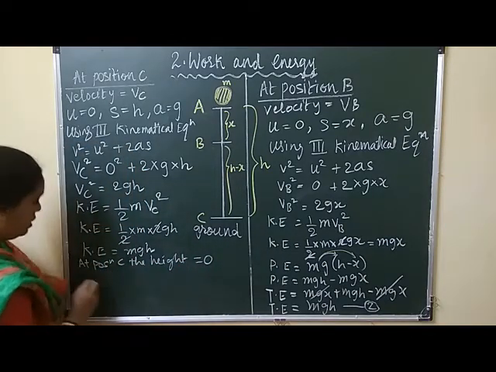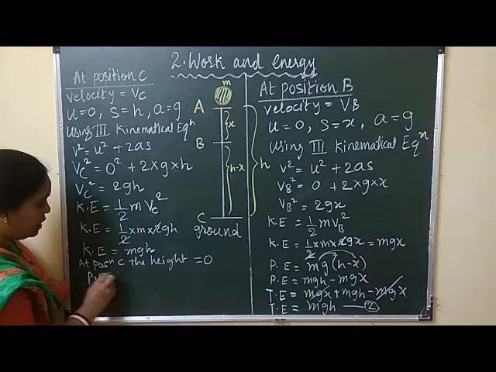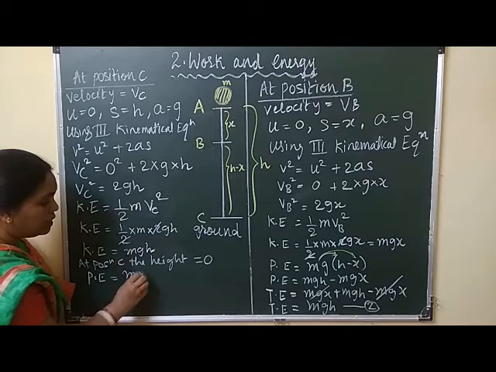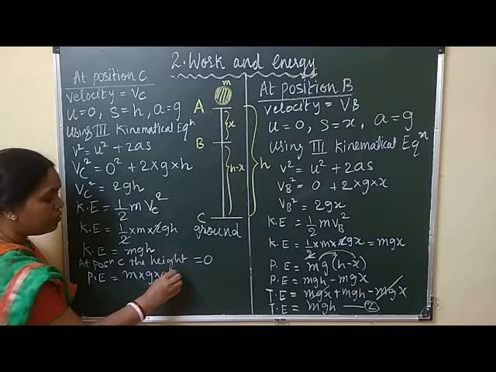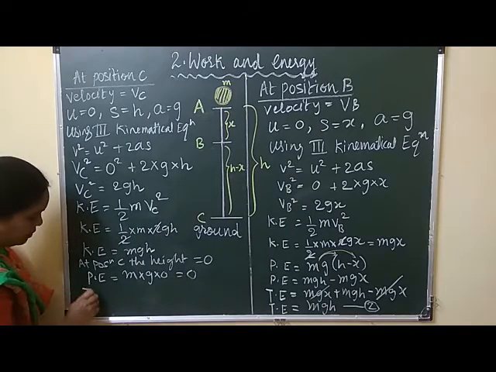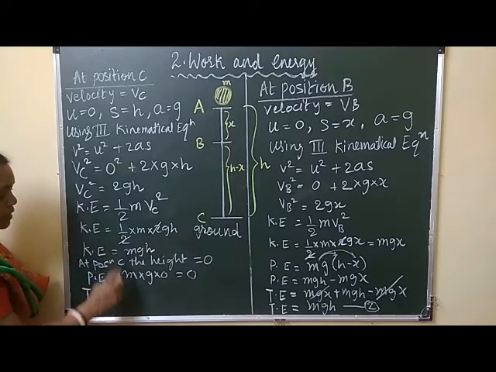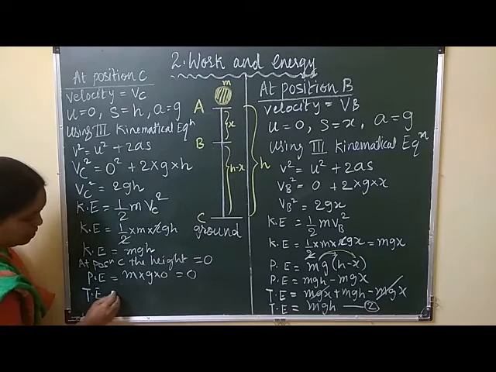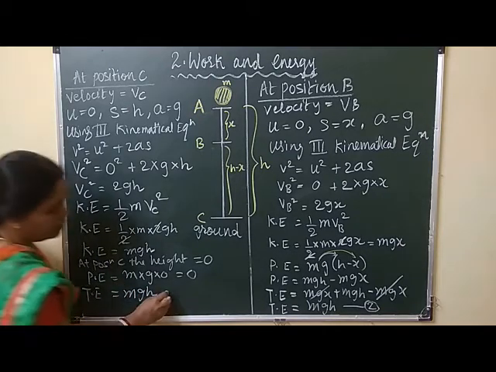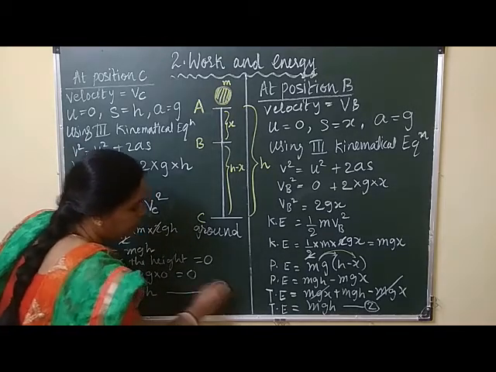So we can write potential energy is m into g into 0, that is equal to 0. Now total energy is kinetic energy plus potential energy, that is mgh. This is equation 3.